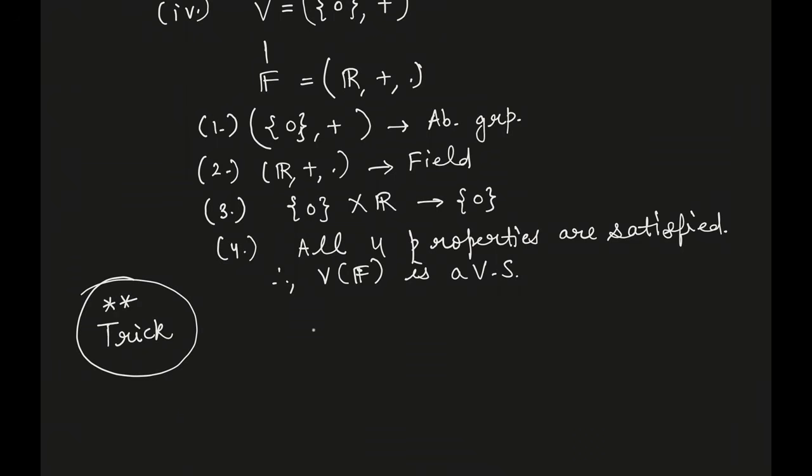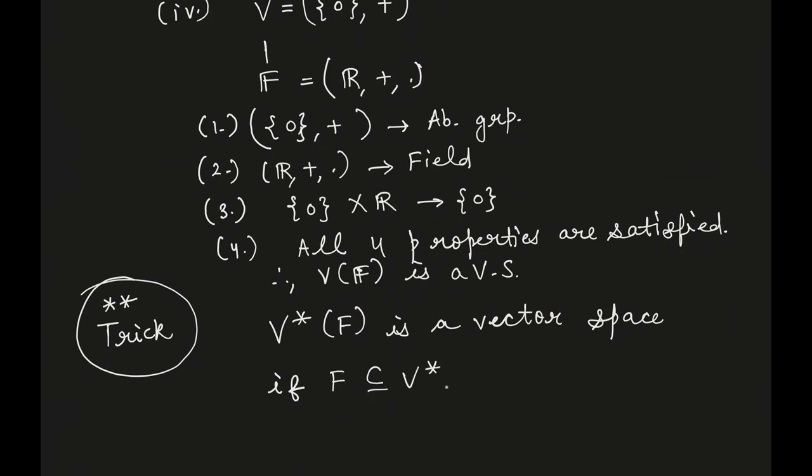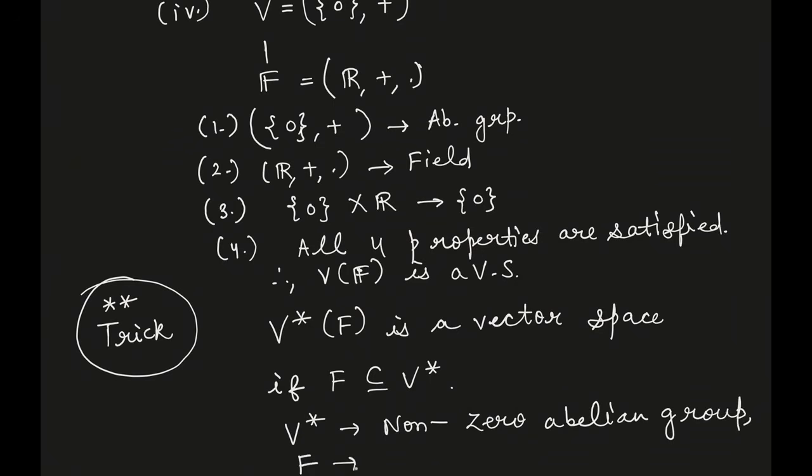So the trick is for this only: V star F is a vector space if the field is contained in V star, V star is a non-zero abelian group, and F is a field.